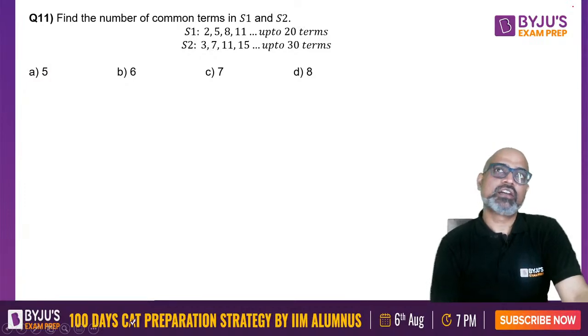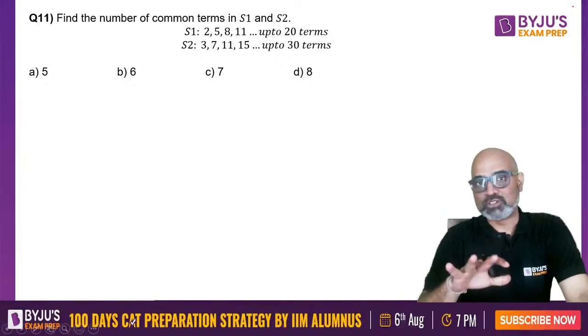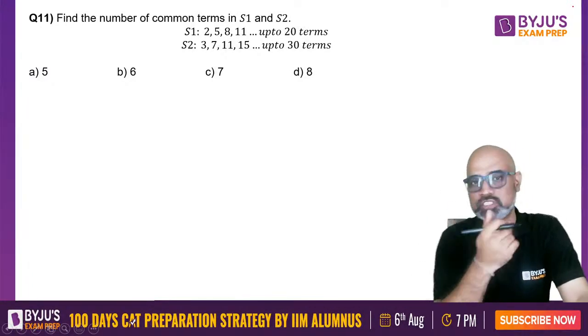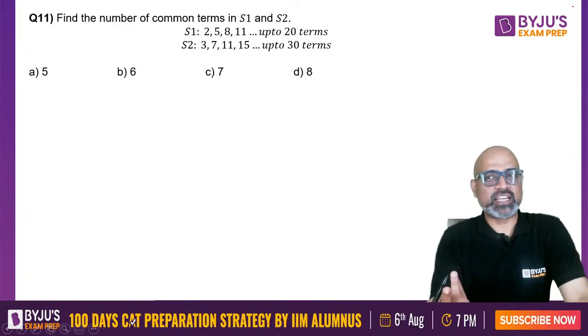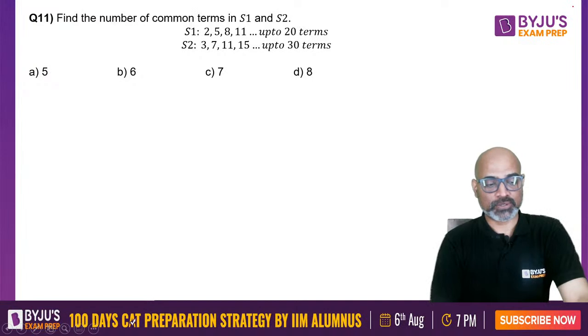There are 1, 2, 3 steps involved, and the fourth one will give you the answer. 3 steps as in not calculation. 3 steps mean logical, common sense steps, and the fourth step itself will give you the answer. And if you practice a lot, it might take you hardly 30 seconds after you are done reading the question to get to the answer.